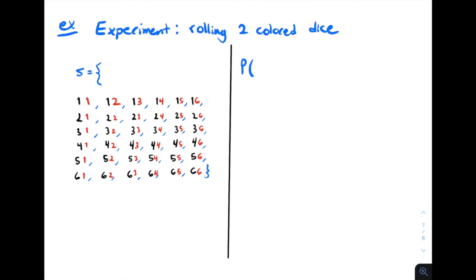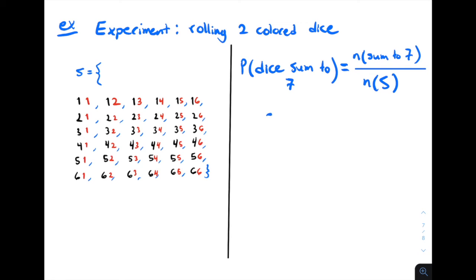And let's consider the probability of the event of the dice summing to 7. Here again, this will equal the number of ways to roll 2 colored dice that sum to 7 over the size of all possible outcomes.